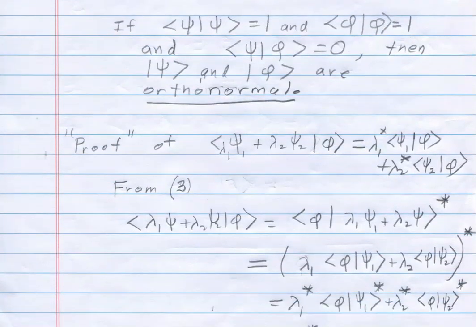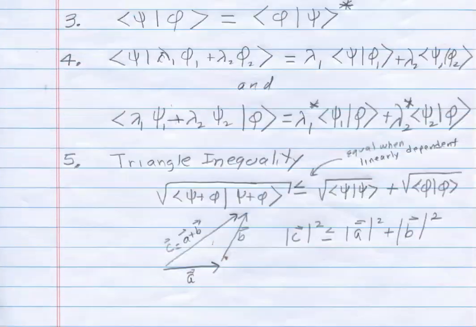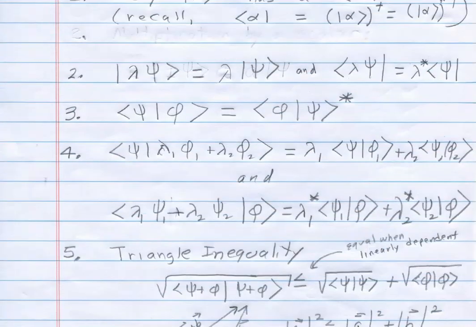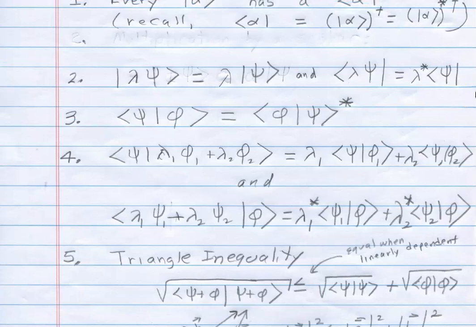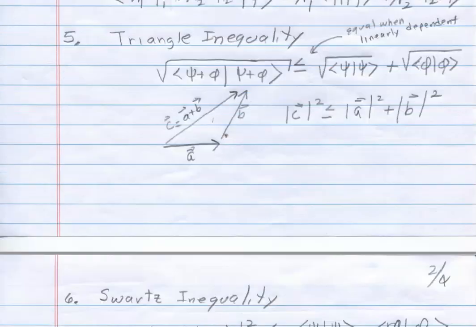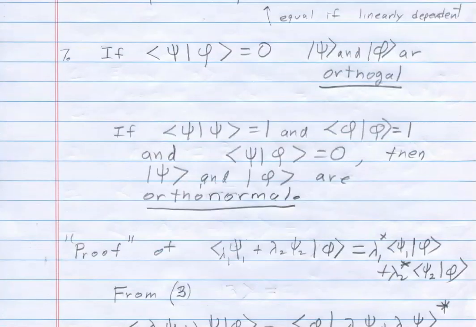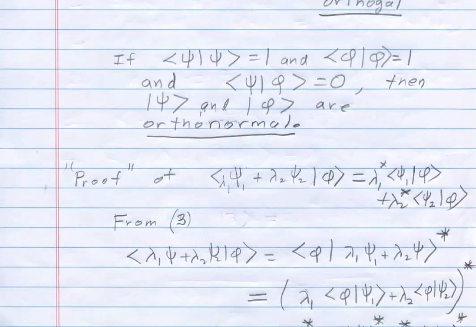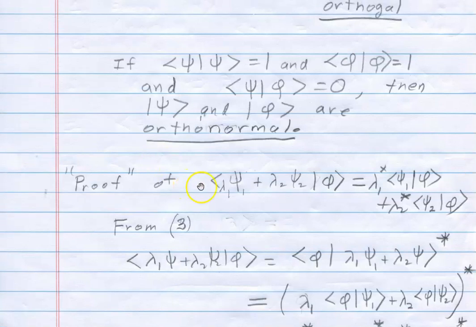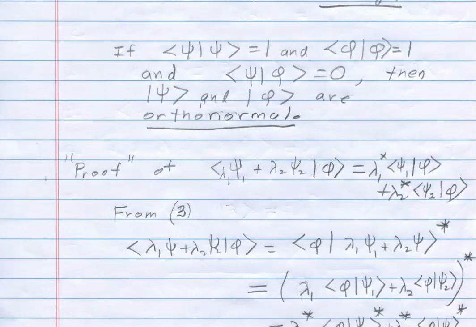Let's look at, which one was it? I guess it was number 4 here, particularly the second one, this one here. And we might take a look at that and give sort of a plausibility argument that we have this expression as one of the properties.